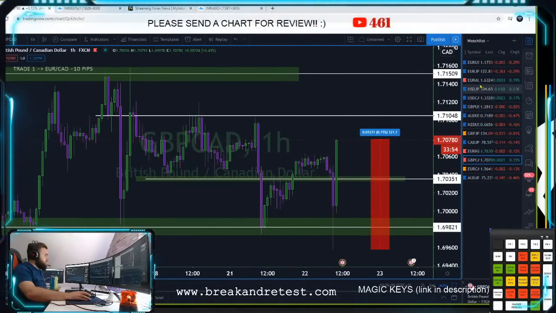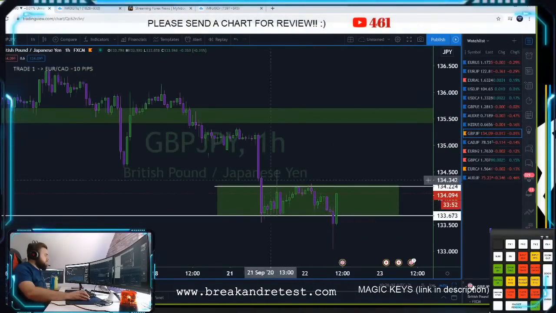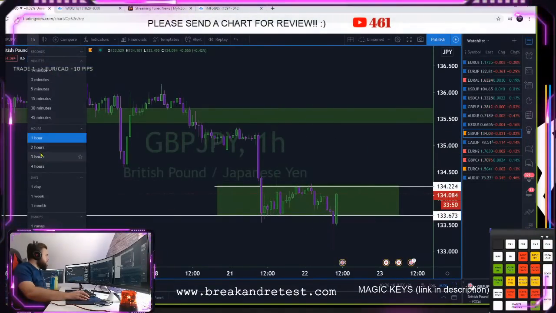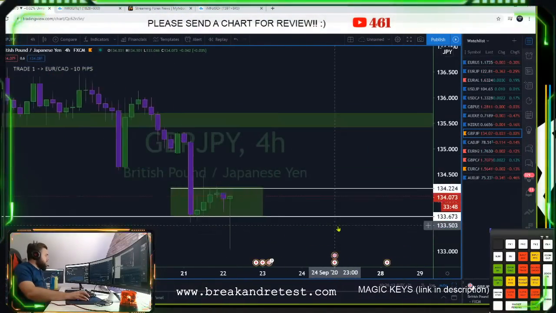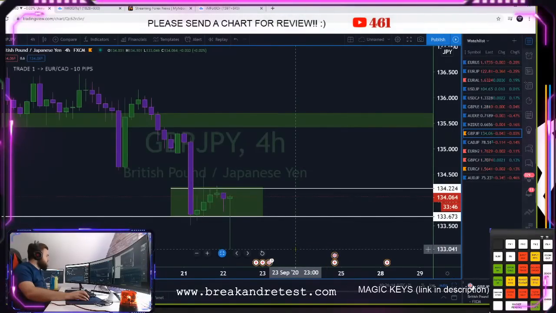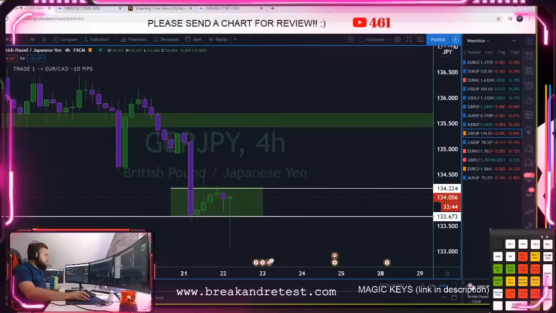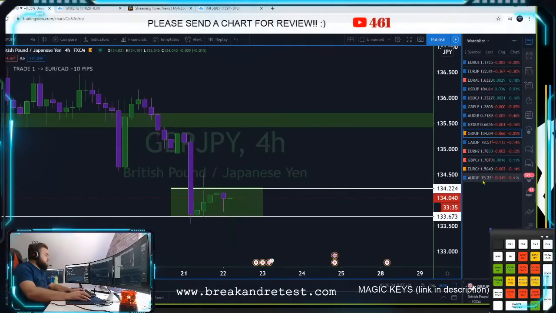And it's still pushing. GJ turned bullish on the 4 hour, that's for sure. I don't know. This is gonna go a lot more. It's gonna go a lot more from what it seems.